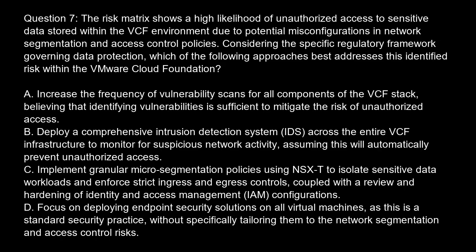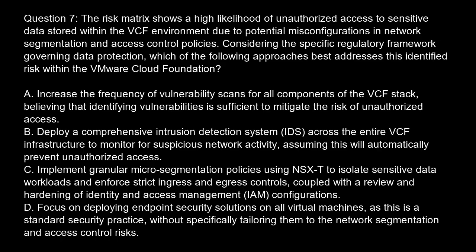Increase the frequency of vulnerability scans for all components of the VCF stack, believing that identifying vulnerabilities is sufficient to mitigate the risk of unauthorized access. Option B. Deploy a comprehensive intrusion detection system, IDS, across the entire VCF infrastructure to monitor for suspicious network activity, assuming this will automatically prevent unauthorized access.